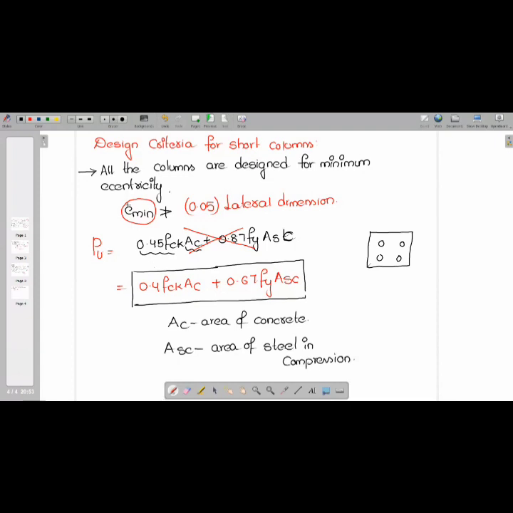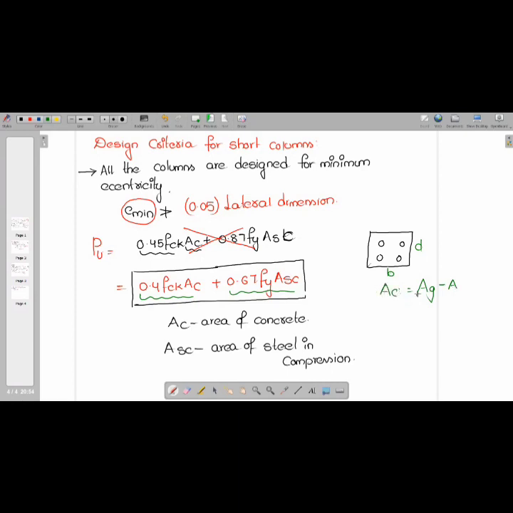So here you should understand, students, one is 0.4 FCK AC, another one is 0.67 FY ASC. Now how do you find out area of concrete?